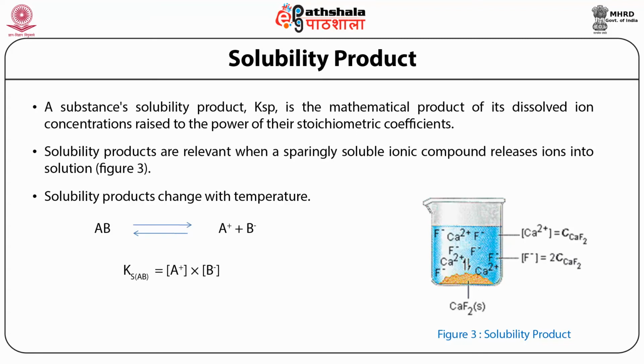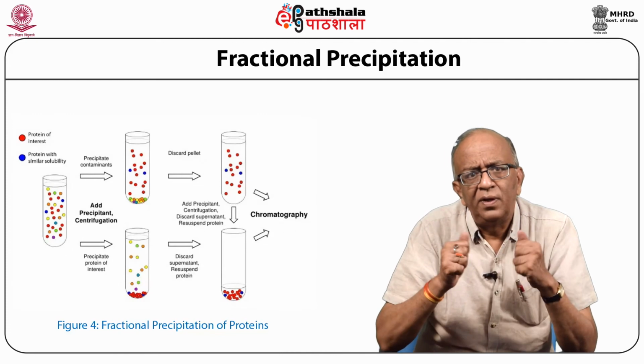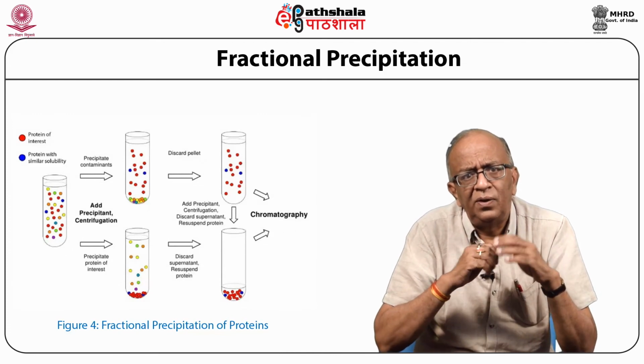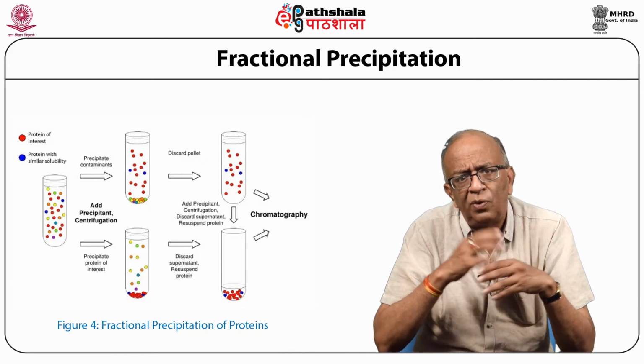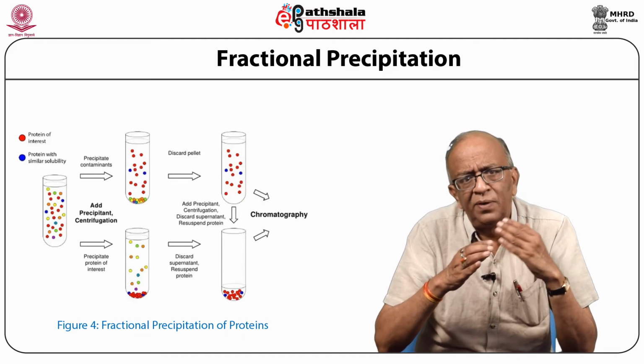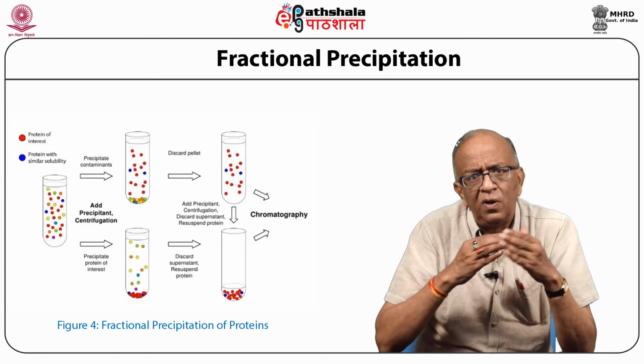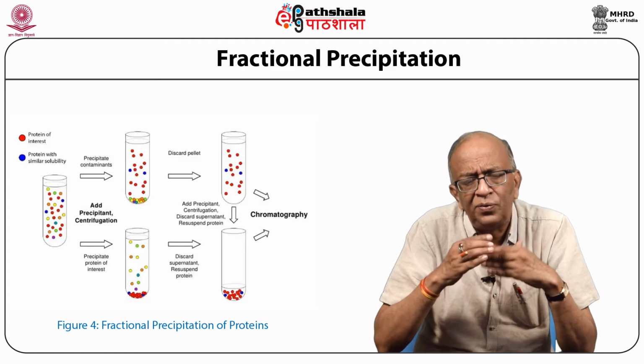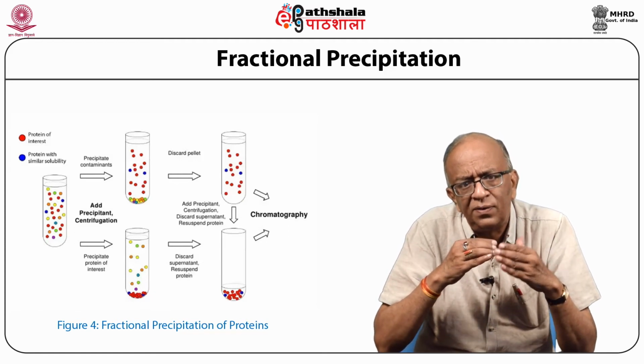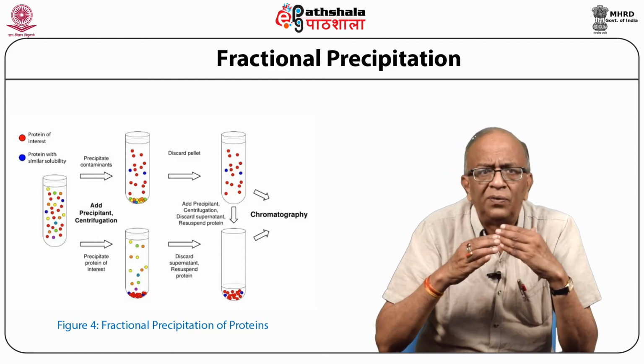Fractional precipitation is a technique that separates ions from solution based on their different solubilities. It can be used to determine which ions are present in a solution by taking advantage of their solubilities.